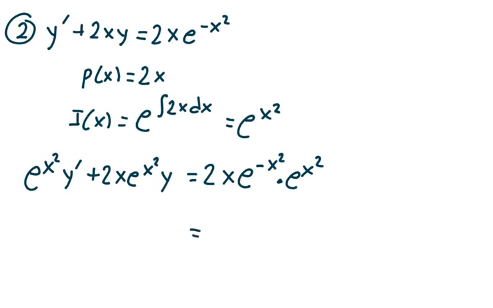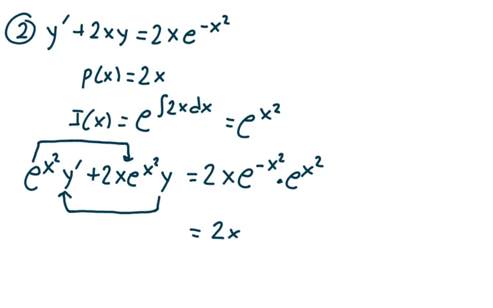Notice on the right side, I get 2x. On the left side, I want you to really pay attention to what happens. Notice that the derivative of y is y prime. The derivative of e to the x squared by the chain rule is e to the x squared times 2x, or 2x e to the x squared.